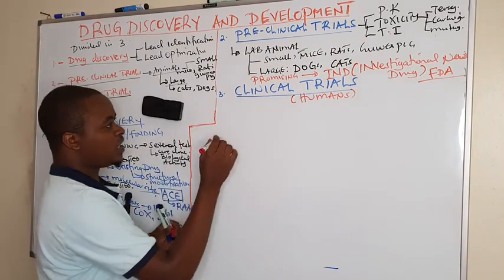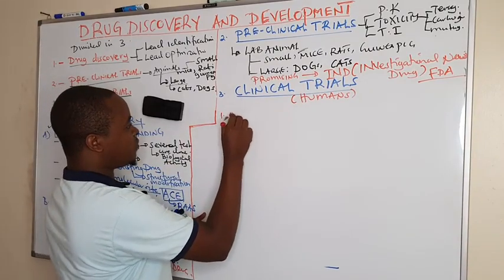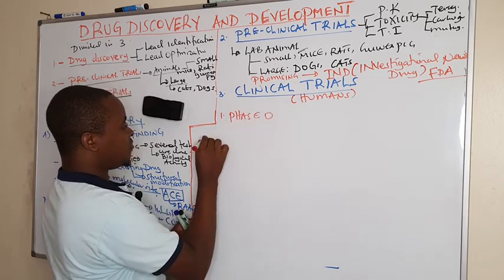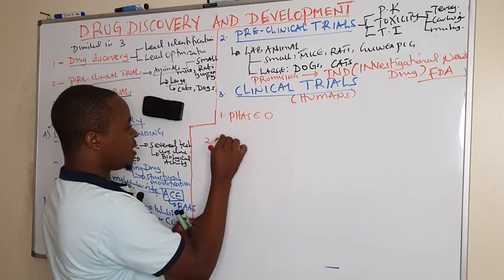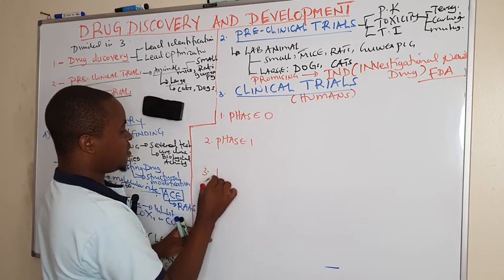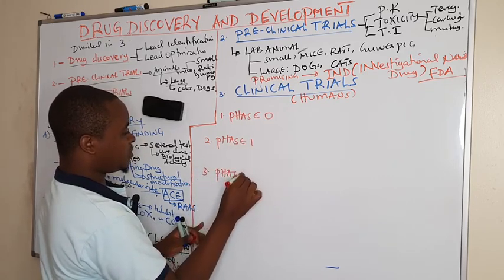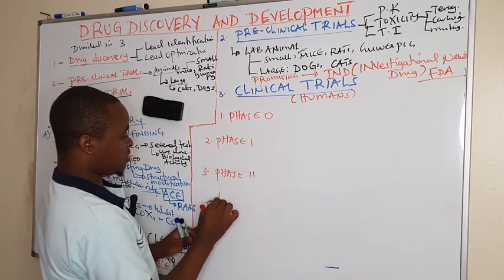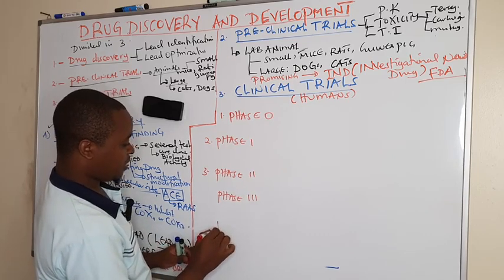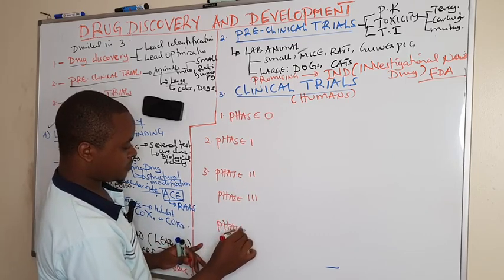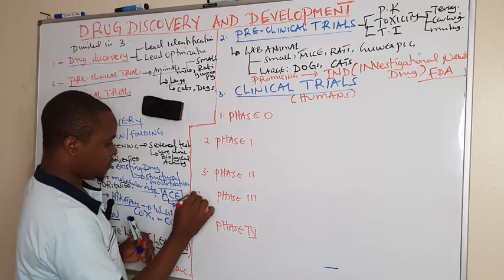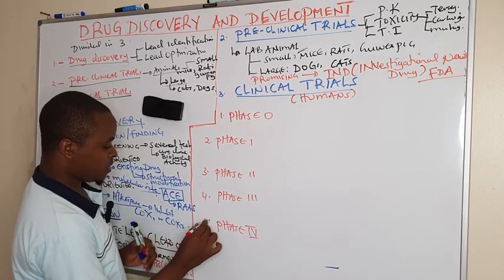So under clinical trials we shall have phase 0, then phase 1, phase 2, phase 3, and phase 4. So these are the phases performed in clinical trials.